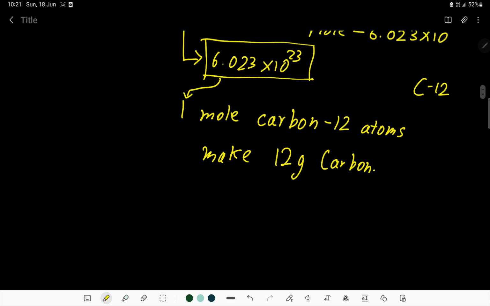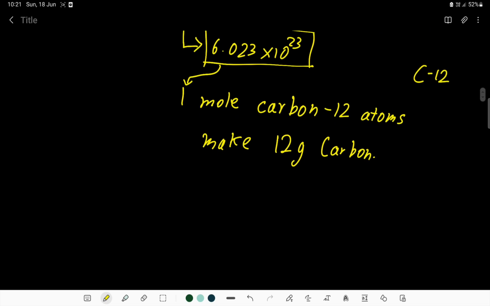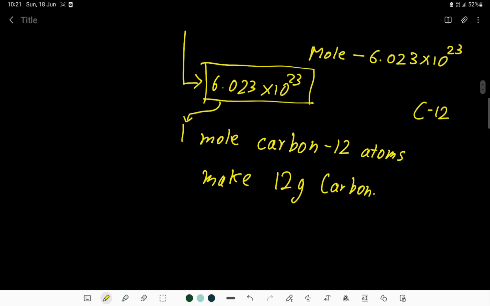So why is it so special? It is experimentally found that 6.023 into 10 to the power 23 atoms of any element make the equivalent mass in grams as its atomic mass.